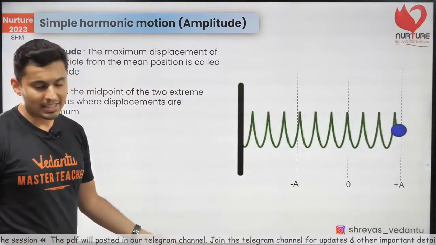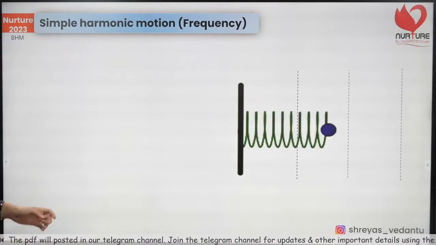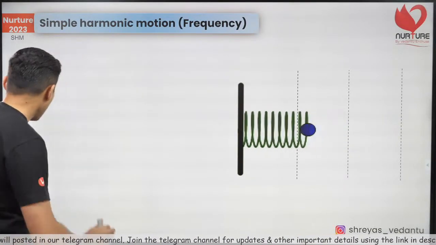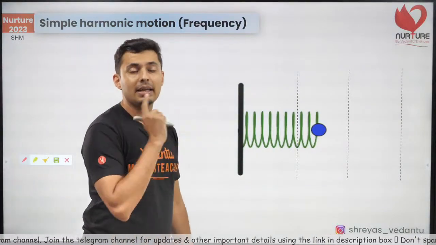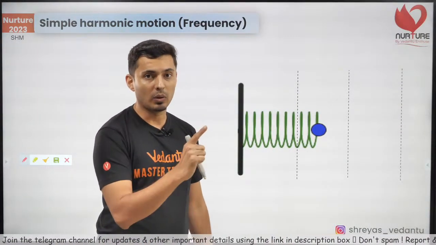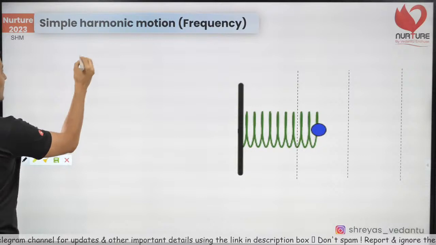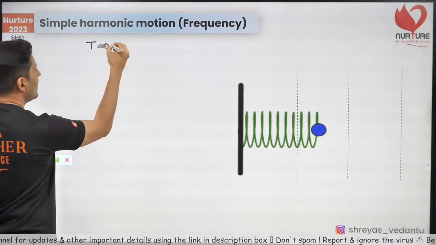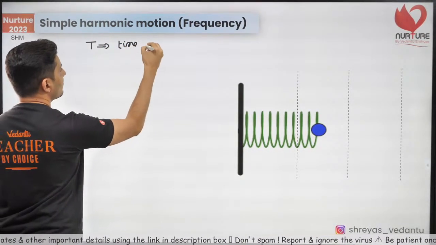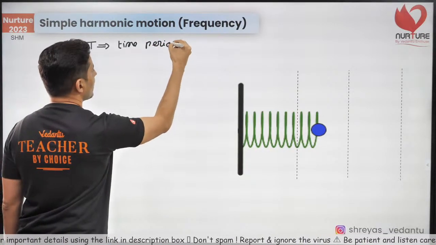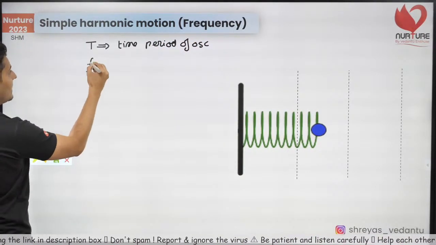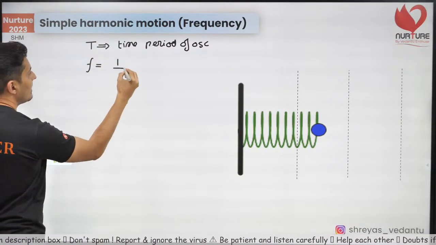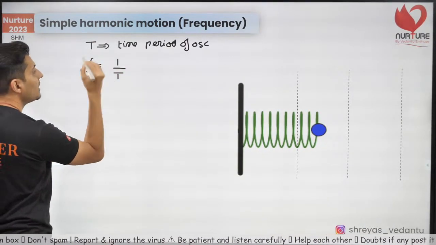Next, frequency. I just told you about frequency. Frequency is how quickly that particle goes back and forth. We already defined something called the time period. So if T is the time period of oscillation, then the frequency of oscillation will be 1 by T. And what's the unit of frequency?